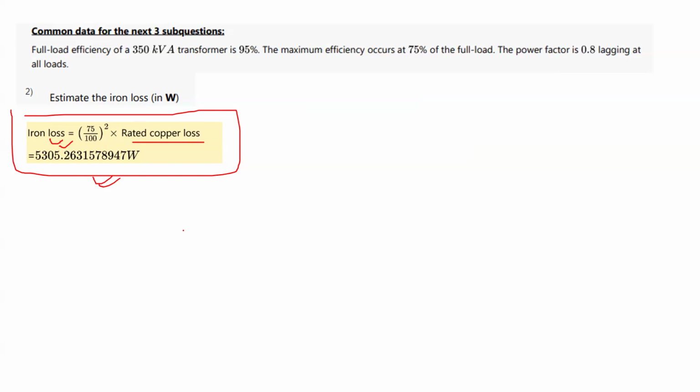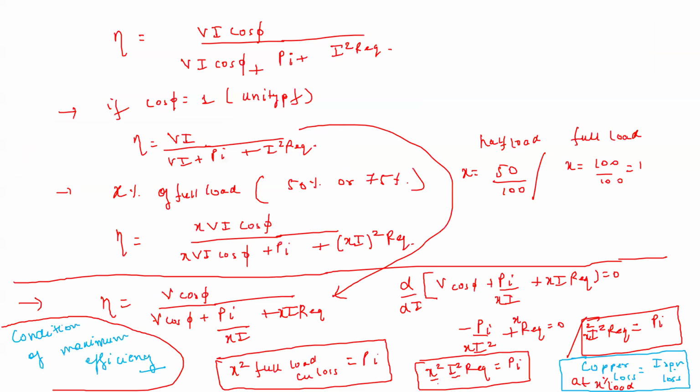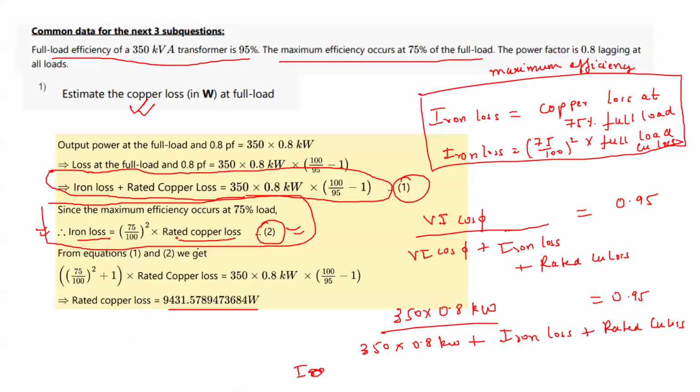Now in this question we have to estimate the percentage efficiency at half load. You remember this formula which I have written here. Here x is 0.5 because this is half load. Let us now write the things.